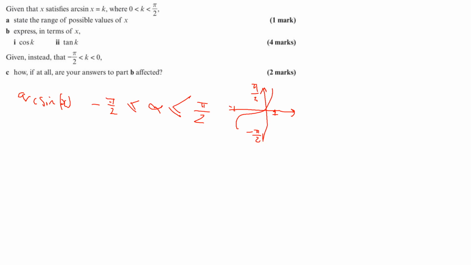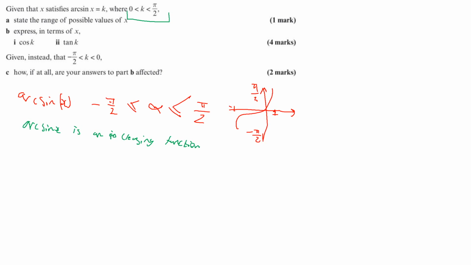So in this case, though, we're told k is between 0 and pi over 2, right? What does that mean? That means that arcsine x is an increasing function, which means that it's going upwards.